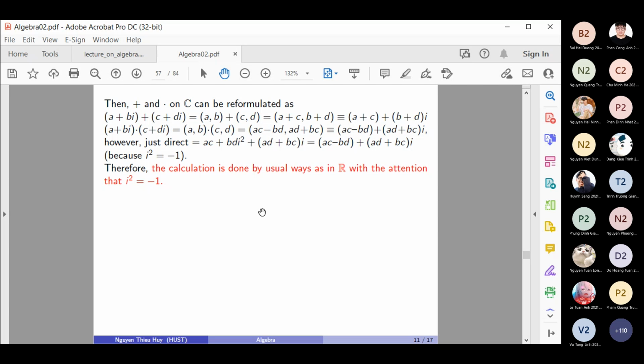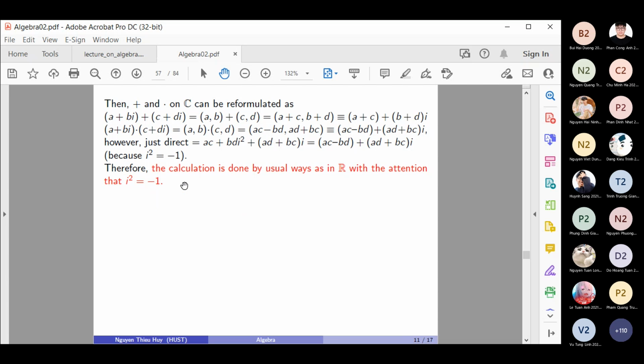Now you don't have to remember the definition of multiplication and addition anymore. You should do exactly as what you did in the set of real numbers R. Everything is the same. The only thing you have to pay attention to is that whenever you meet i squared, you can replace i squared by minus 1, right? And everything is done.